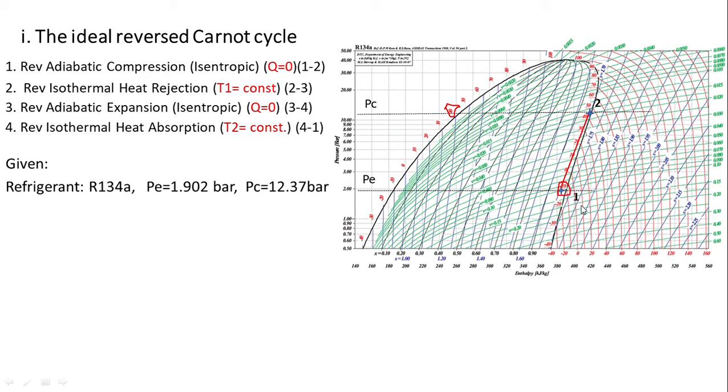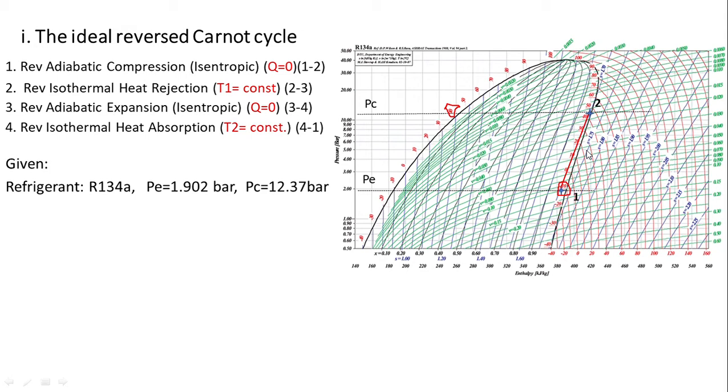So you have to draw point 2 first and draw 1 to 2 as a constant entropy line, near about the 1.70 line. That is the first process, adiabatic compression, an isentropic process.